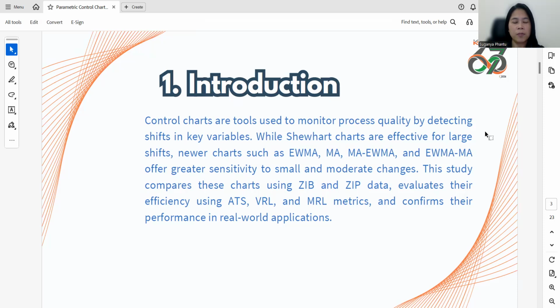Therefore, more advanced charts such as EWMA, MA, MAMR, and EWMA-MA have been developed to improve detection ability. In this study, these charts are applied to zero-inflated binomial and zero-inflated Poisson, or ZIB and ZIP, data.